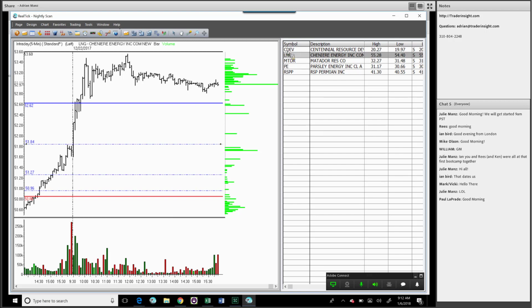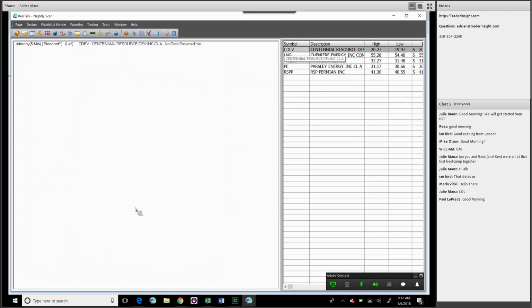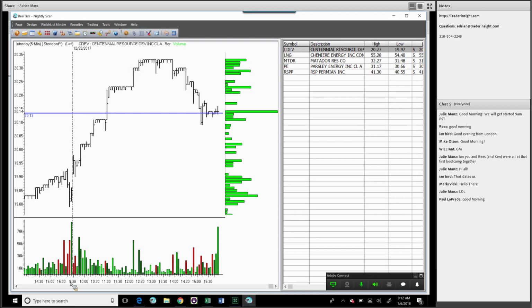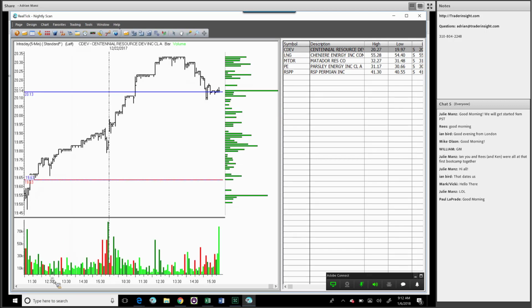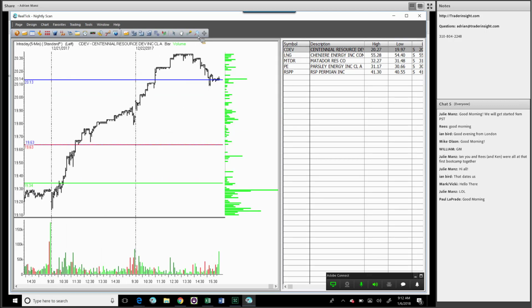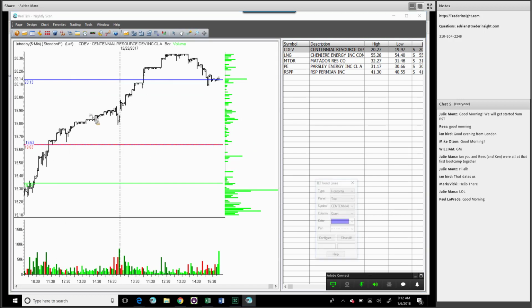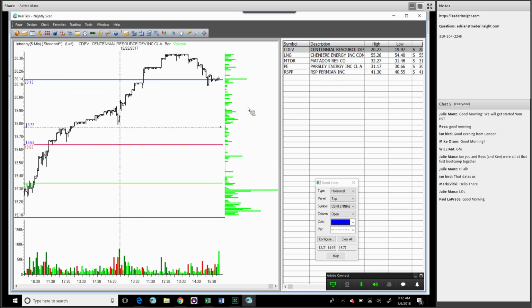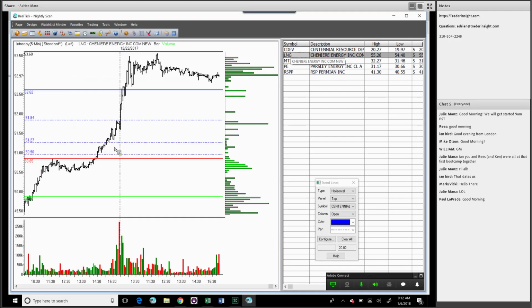But if we go through these, I think the most important thing to do daily is to go through these and look at where you were placing your stops and make sure that you're giving them enough room to move.